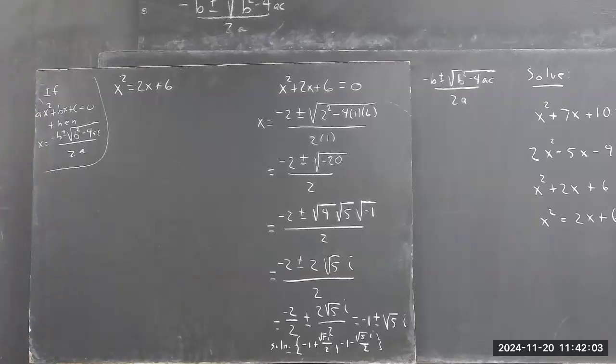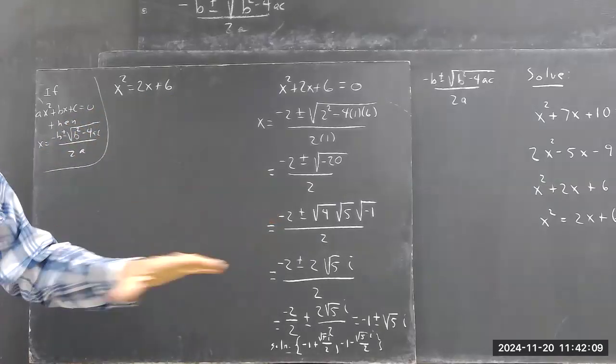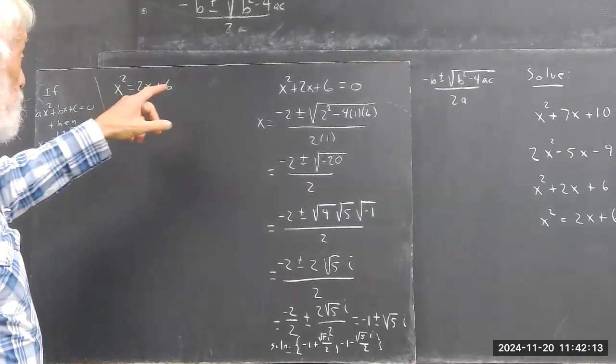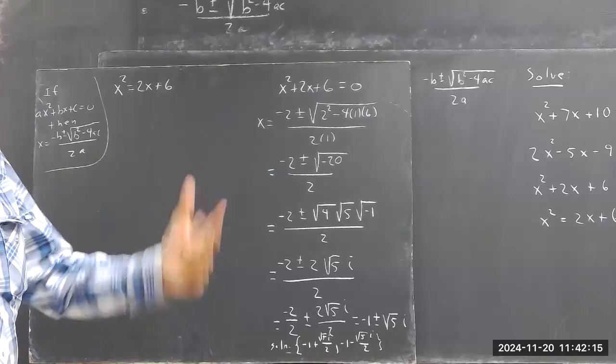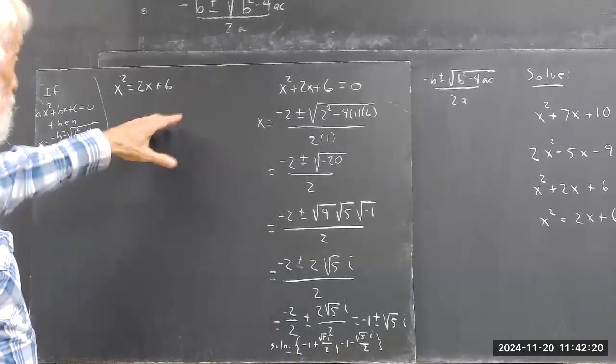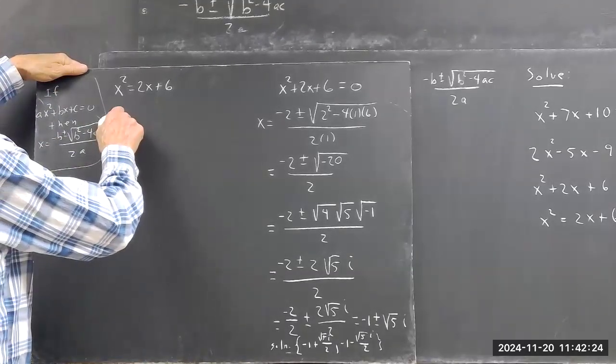That's the quadratic formula. Now, do we have ax squared plus bx plus c equals 0 in this equation? No. So if you just say a is 1, b is 2, and c is 6, you're not solving this equation. You have to put this equation into this form. Well, that's pretty easy to do.